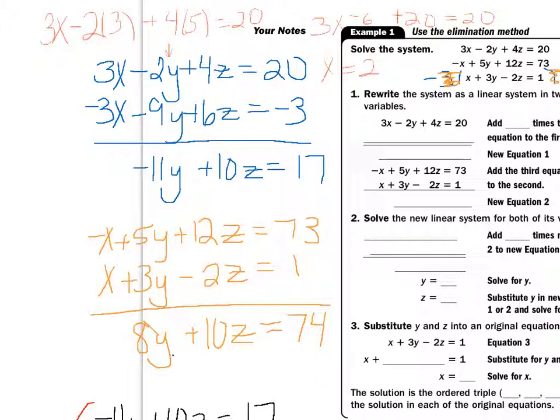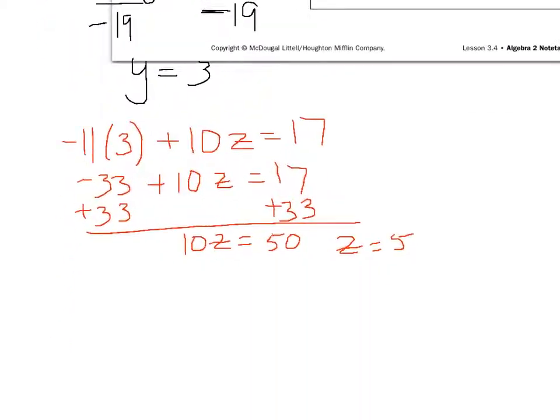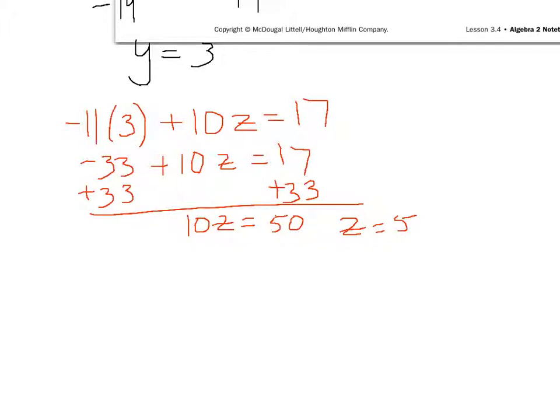Yay! Now that's still not my whole answer. For my whole answer, I need to put all of these into a triple and say that x is 2, y is 3, and z is 5. And that is my solution.